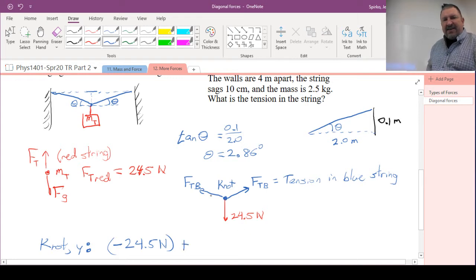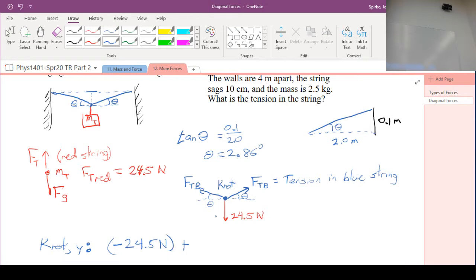Plus, now I need to calculate some components. So there's my reference, my horizontal. There's my theta. The theta that I calculate here and here and here is measured between my force and the horizontal. So that means the x component gets the cosine. I'm doing y components, so I use the sine function.